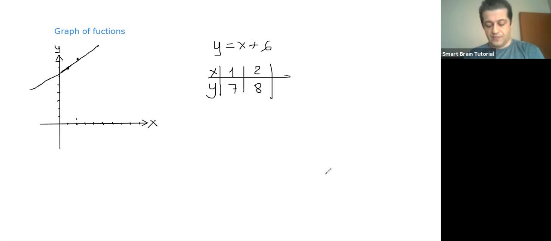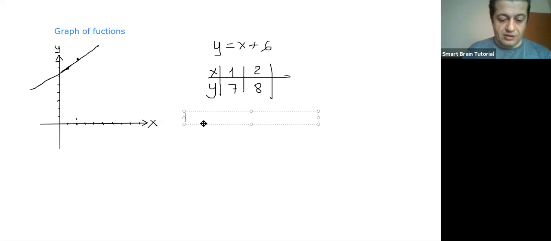But what does the graph show? The graph shows all pairs of numbers that belong to the function. For example, here we have 1 and 7. This is a point of the graph. 2 and 8 is here. So the graph contains all possible pairs of numbers that are in the function.